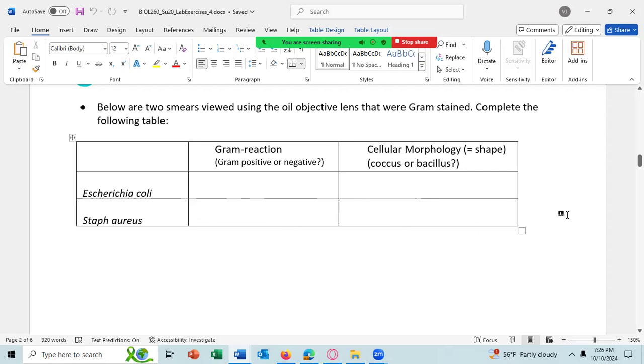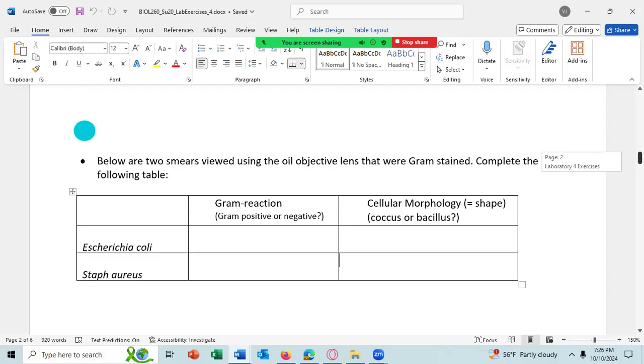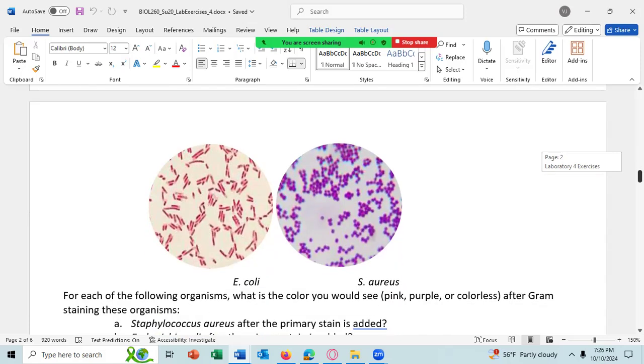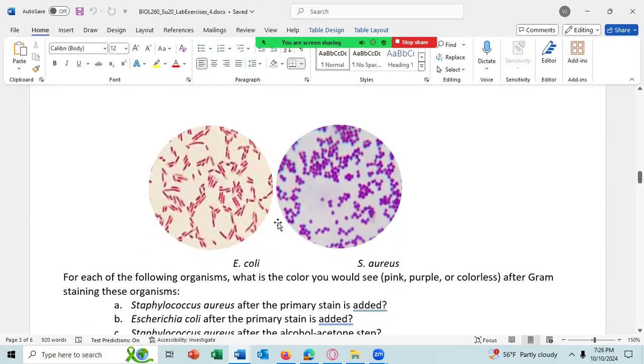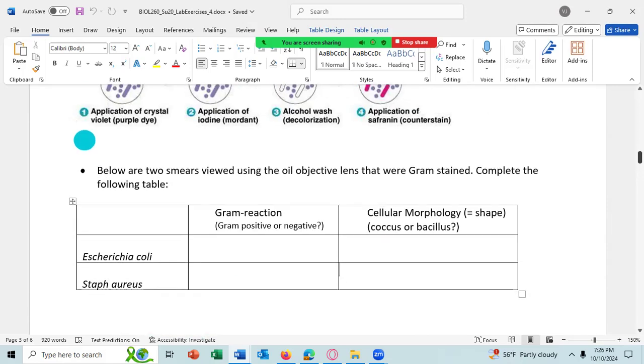Put it in the table there. And here's the picture of E. coli with the Gram stain, and Staphylococcus aureus with the Gram stain. Any question about any of that? So here, you do need to fill in the table.